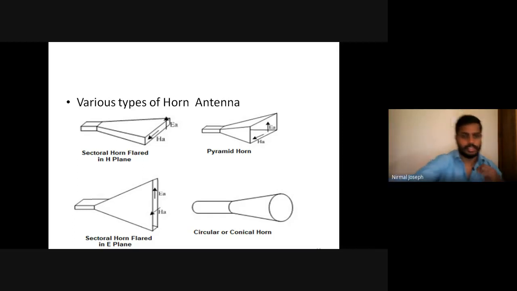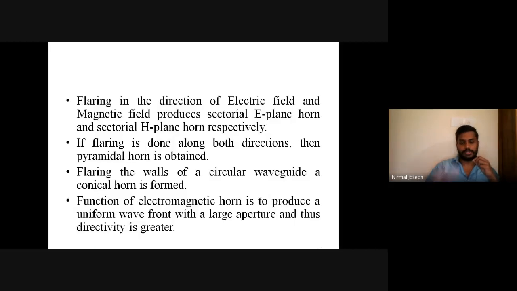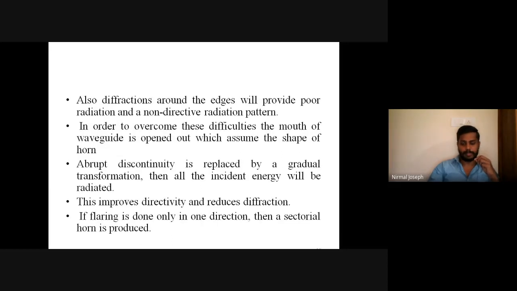These are just a summary of the points we have discussed so far. Just by seeing these pictures, you can write all these points we have discussed in the past two slides. The things to remember: a horn antenna is nothing but a waveguide which is open at one end.